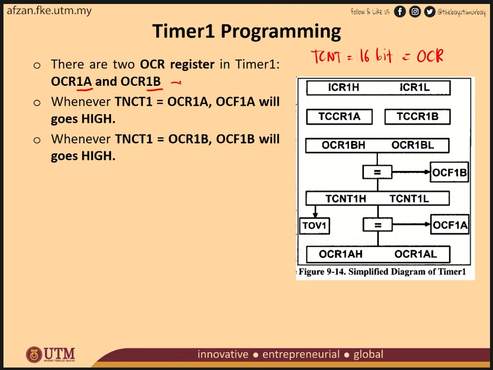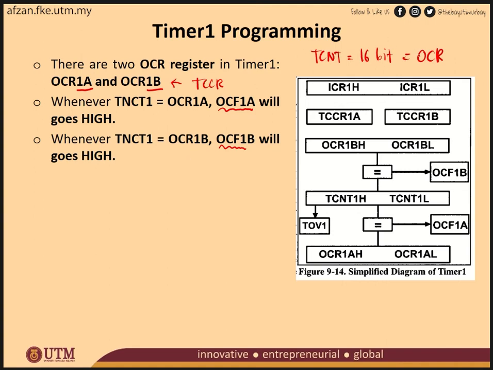Of course, to use these OCR registers, you need to do the settings in the TCCR registers. Whenever your TCNT1 equals OCR1A, the OCF1A flag will go high, and if you use OCR1B, whenever TCNT1 equals OCR1B, your OCF1B will go high.